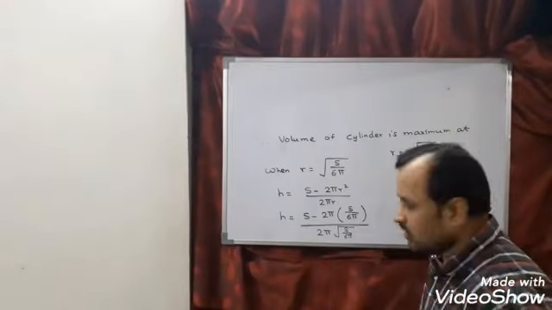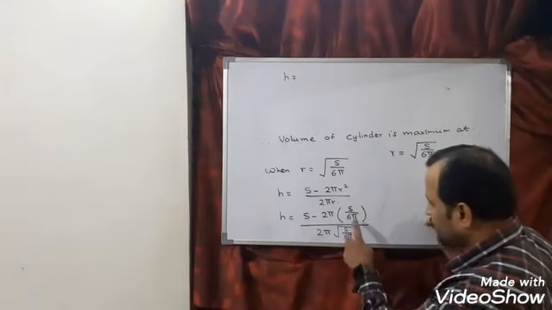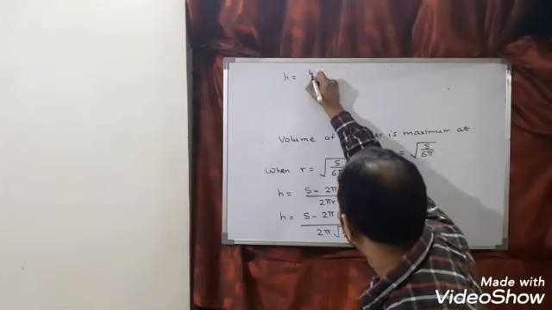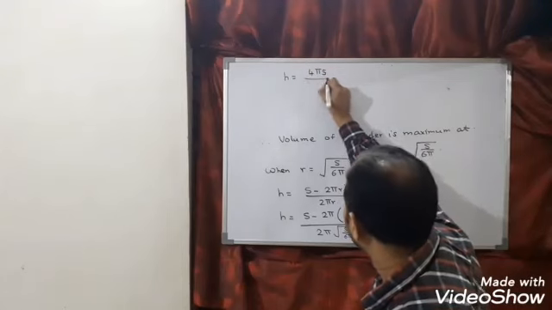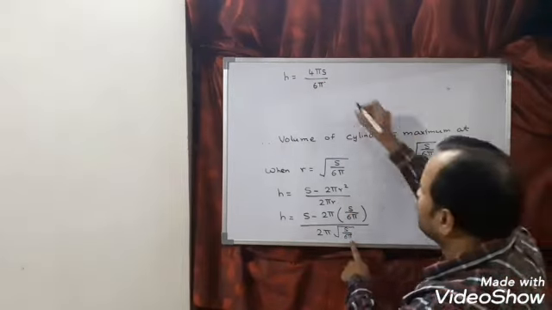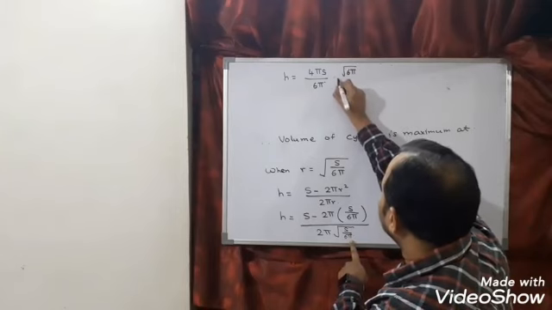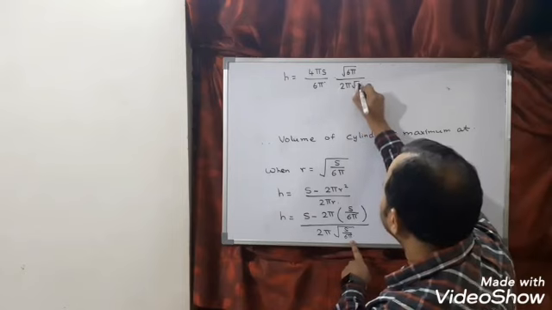I am taking LCM 6 pi, s minus 2 pi s. So you will get 4 pi s divided by 6 pi, and root 6 pi will go up, right, and down what you will get is 2 pi root s.